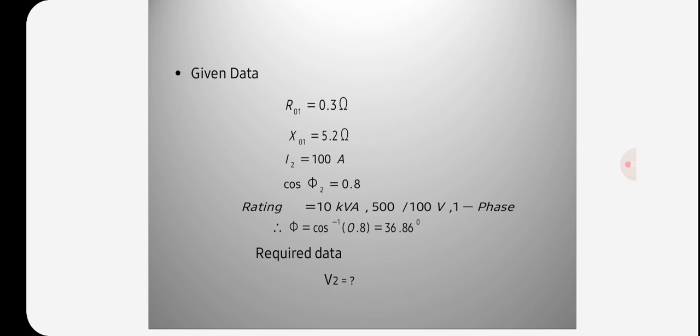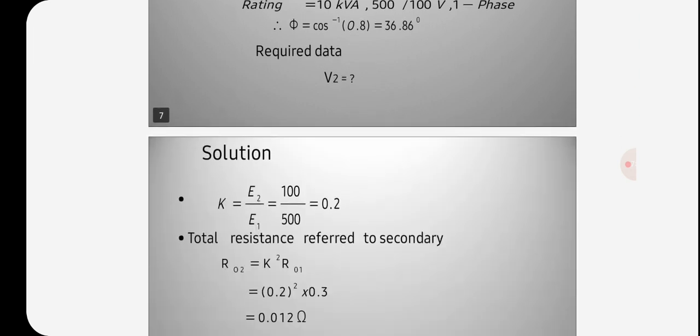In this, the given data is R01 equal to 0.3 ohm, X01 equal to 5.2 ohm, I2 equal to 100 amperes, cos phi 2 equal to 0.8, and the rating is 10 kVA, 500 by 100 volts single phase. Phi is equal to cos inverse of 0.8, that is 36.86 degrees.